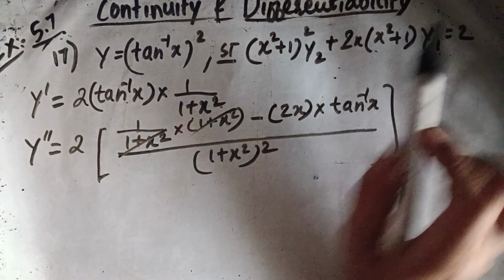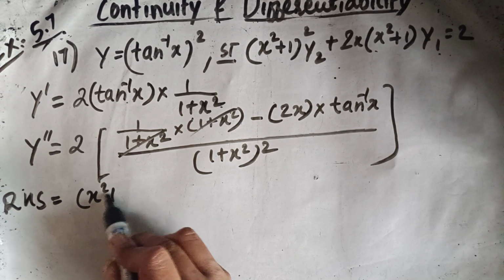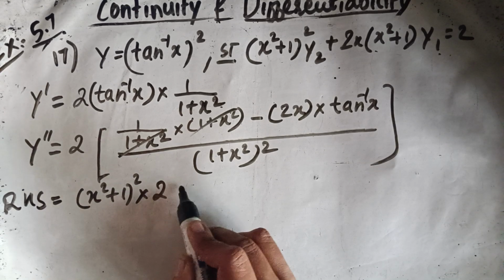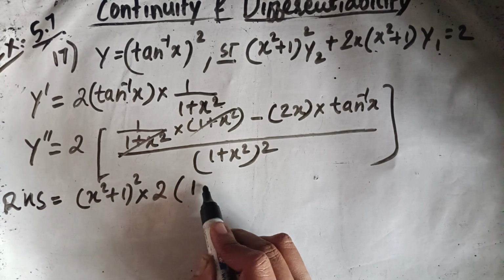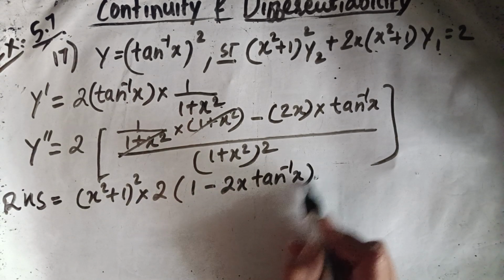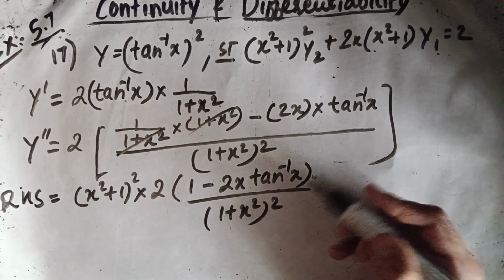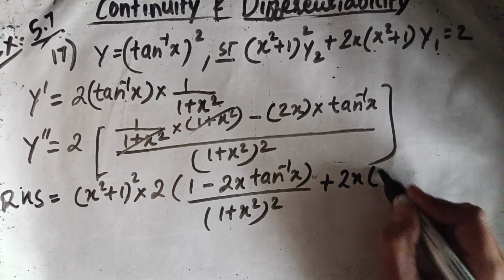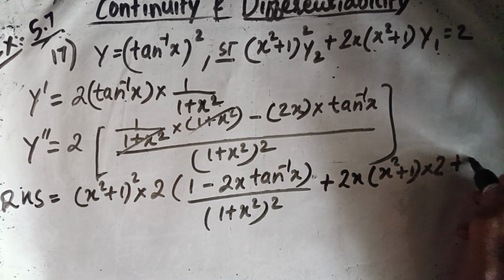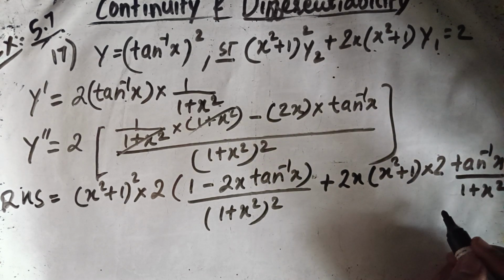So putting in this equation, that is RHS, x square plus 1 the whole square into 2 into 1 minus 2x tan inverse of x upon 1 plus x square the whole square plus 2x into x square plus 1 into 2 tan inverse of x upon 1 plus x square. This is first derivative. Okay.